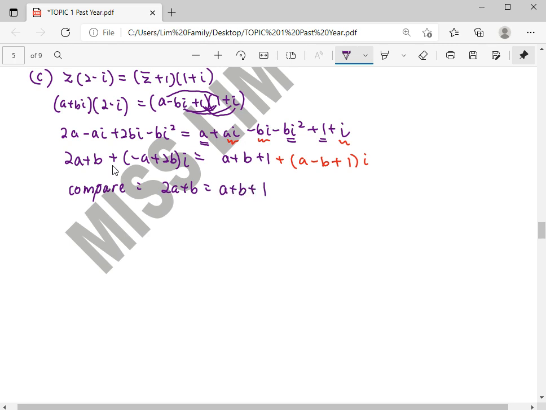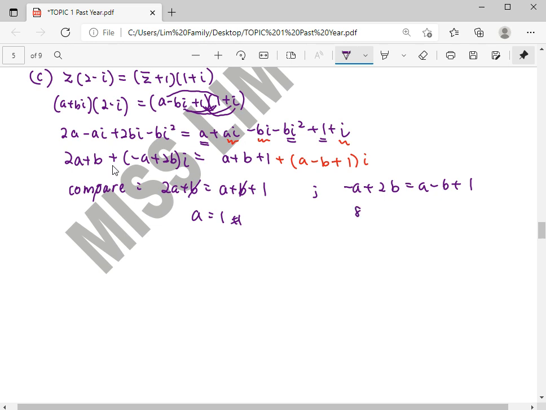This is our real part. And then compare our imaginary part, negative a plus 2b equals a minus b plus 1. So we solve this simultaneous equation. Okay, so b and b simplify, a move to the left hand side, you get a equals 1.